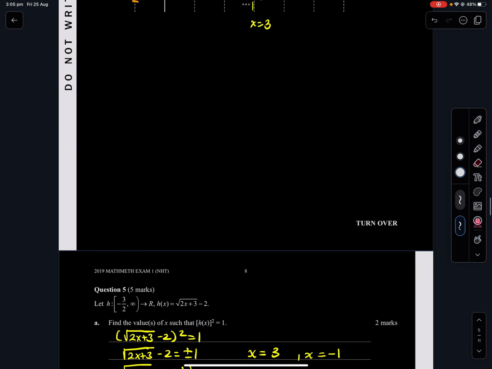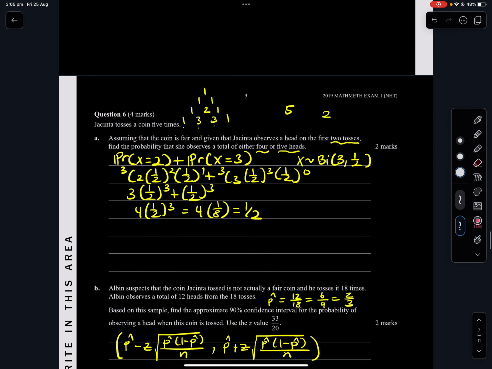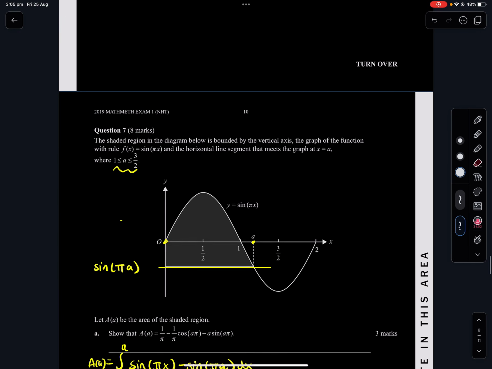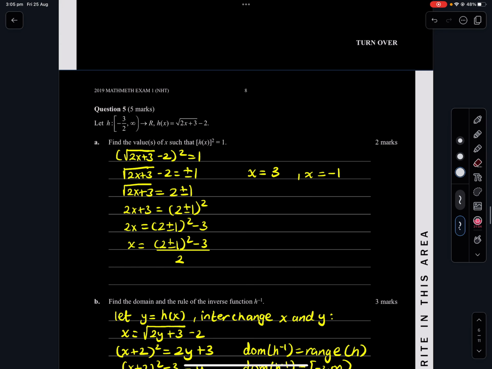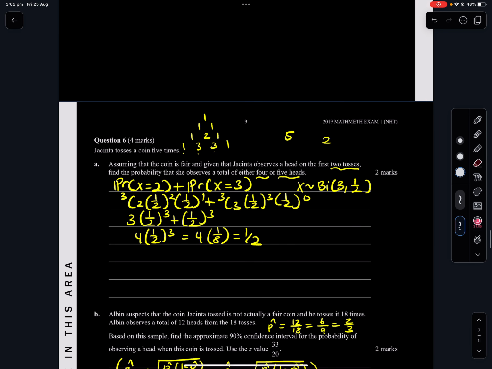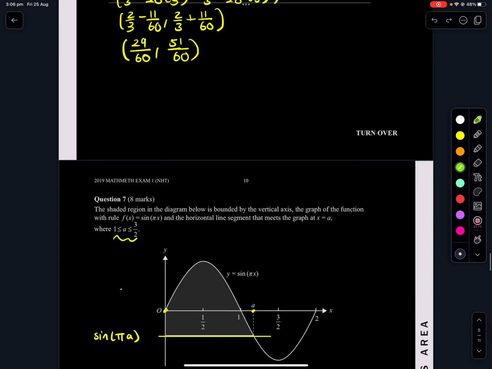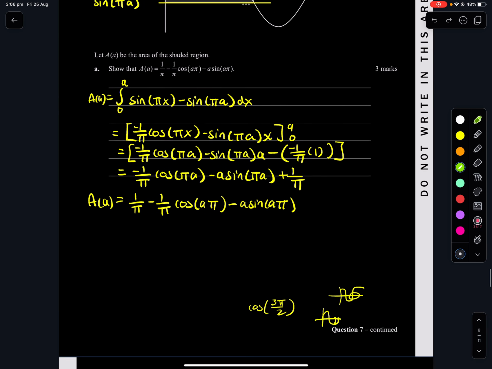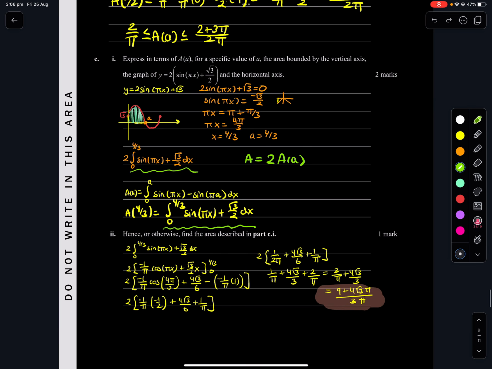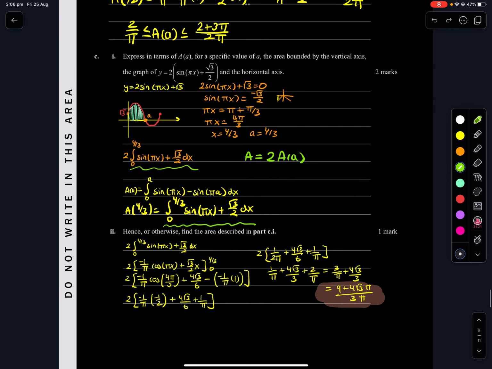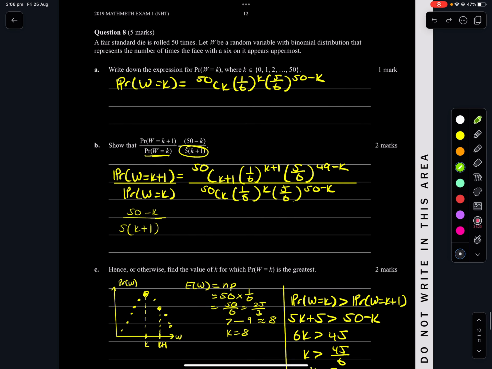But this one was all right too. No, but this probability question over here is quite totally different if you really look at it. You really had to understand the question. This one over here, not bad. This one over here, no.